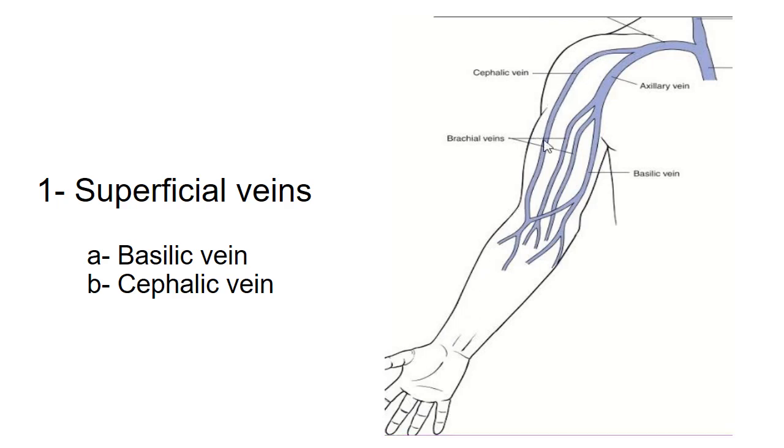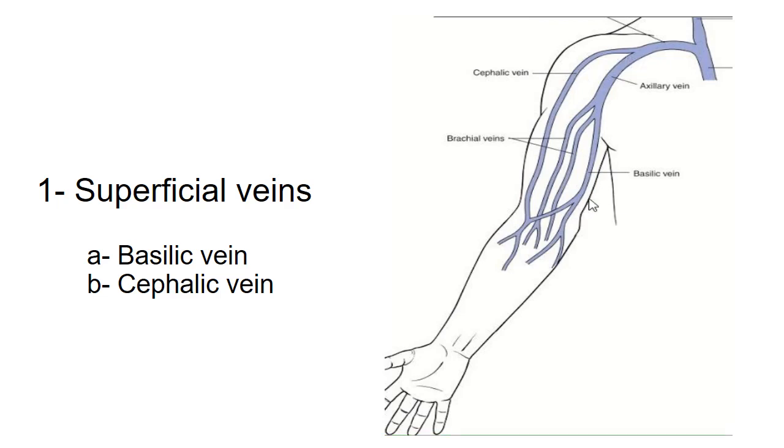This lateral vein of the arm, which you can see here, is the cephalic vein. This superficial vein of the arm drains into the axillary vein. This is the axillary vein, right? Cephalic vein lies on the lateral aspect of the forearm and arm and is drained into the axillary vein.